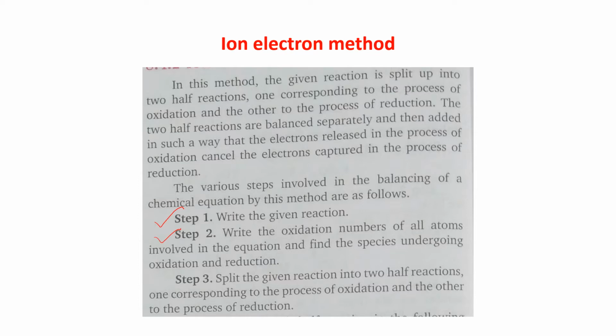Now, step 3. Split the given reaction into two half reactions, one corresponding to the process of oxidation and the other to the process of reduction. This is a new thing. We are not doing this in the oxidation number method. You have to split the reaction into two halves.